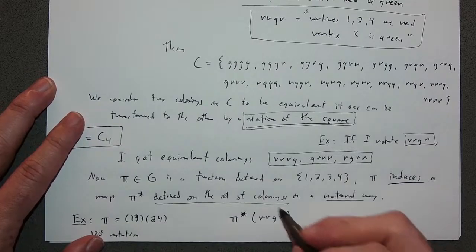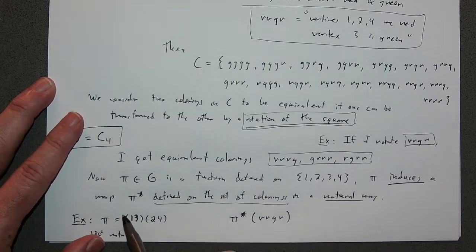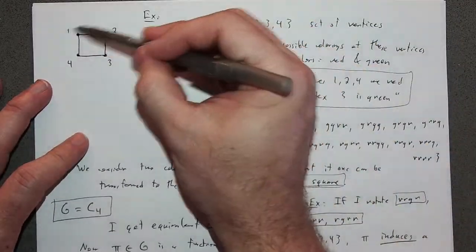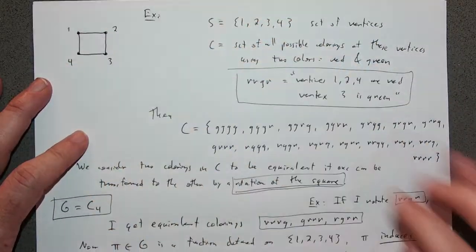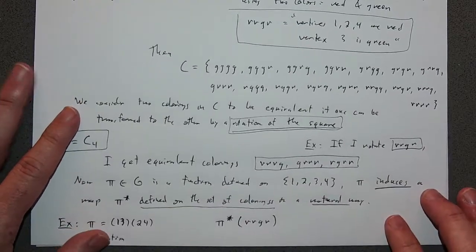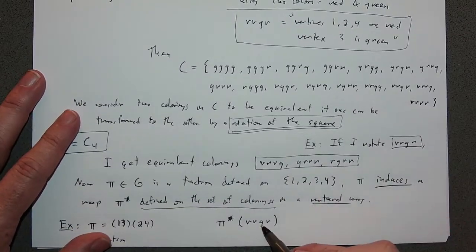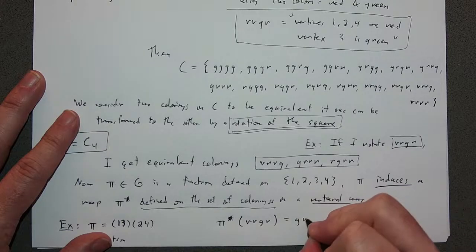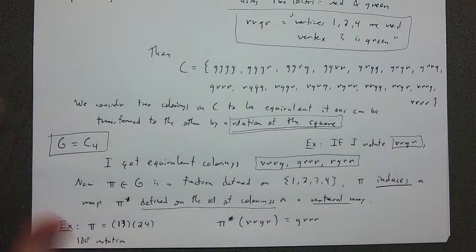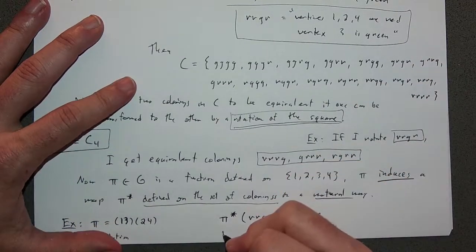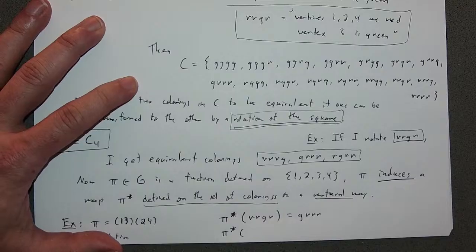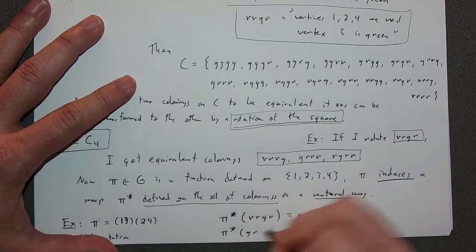So what happens is 180 degree rotation is like two slots, right? So it goes two places forward. Everything goes two places forward and cycles back. So this would be green is going to go to the front here, right? So this would be green, red, red, red in that way. What would pi star of green, red be?